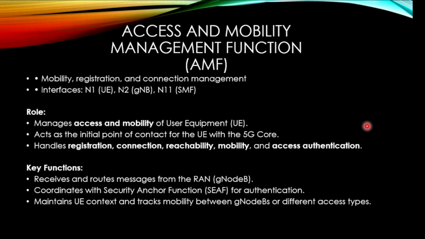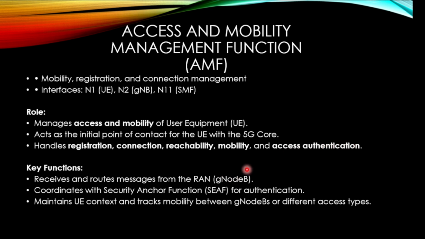But it's the AMF that compares the keys of registration, the authentication keys, and the data between the user equipment, or the user equipment SIM card, the USIM, and also the data of that same user, that same subscriber within the UDM. Key functions, so it receives and routes messages from the RAN, okay, from the G node B mainly, back to the core network.